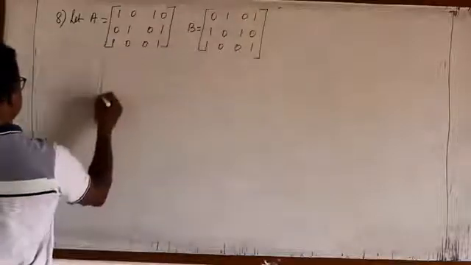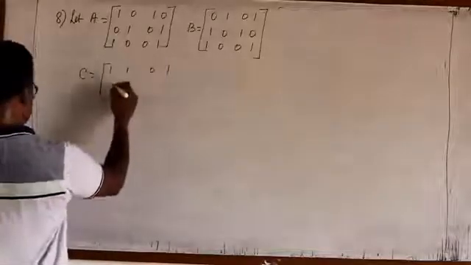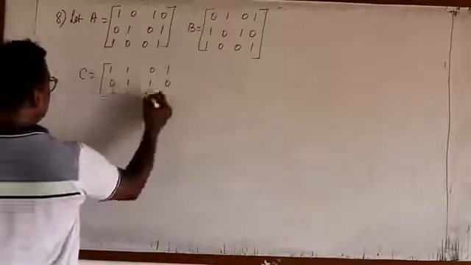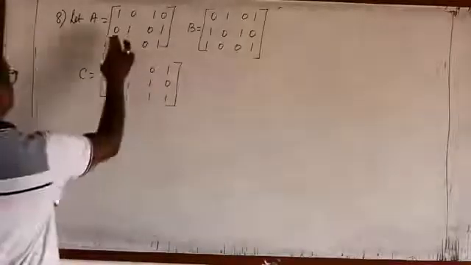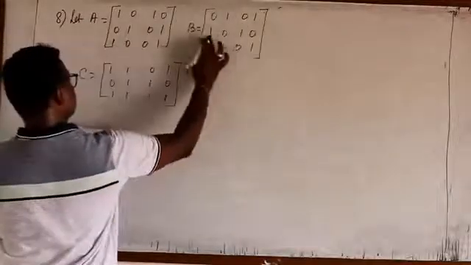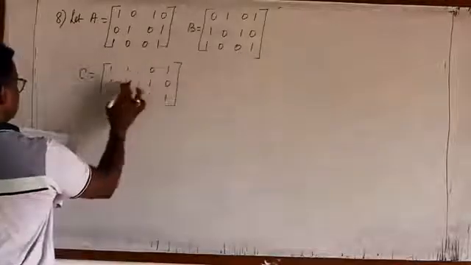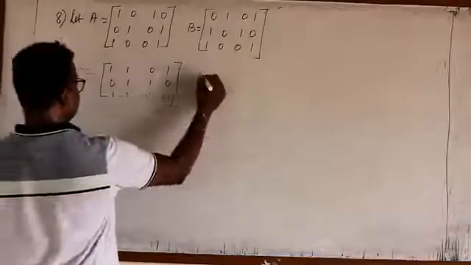The C matrix is 1 1 0 1 0 1 1 0 1 1 1 1. Let me check. A is 1 0 1 0 0 1 0 1 1 0 0 1, B is 0 1 0 1 1 0 1 0 1 0 0 1, and C is 1 1 0 1 0 1 1 0 1 1 1 1. These are Boolean matrices.